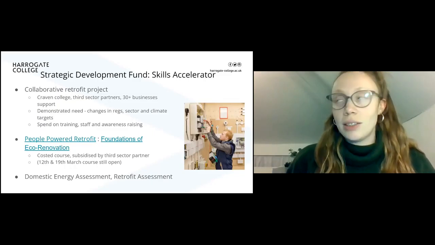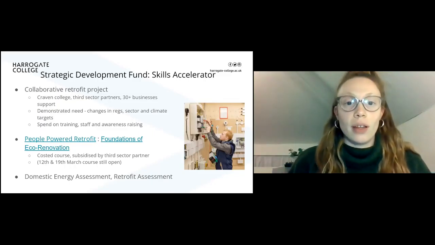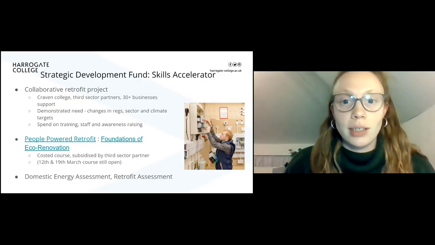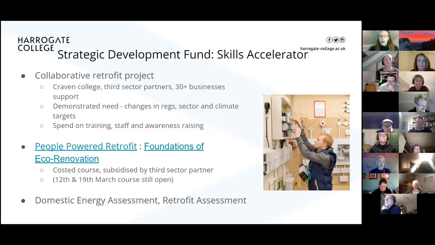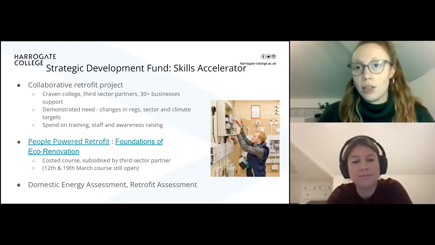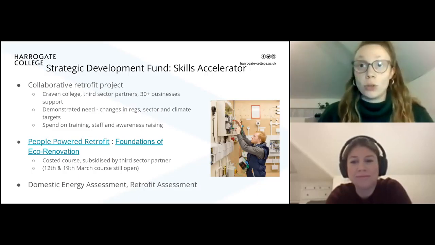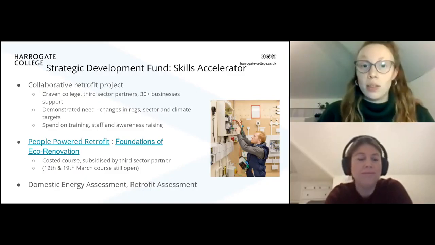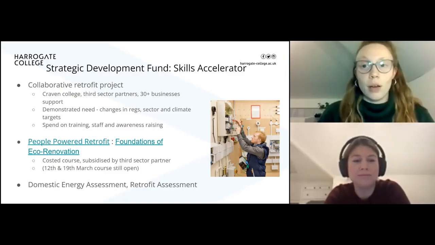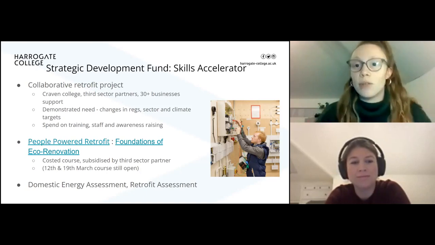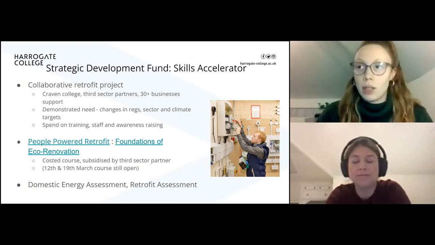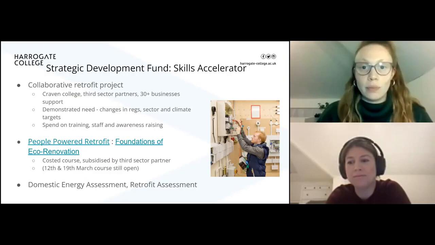So I started, as I said, looking into retrofit and the need for it across the district, not only because of obviously everything everybody on this call knows about in change of regulation, the sector and climate targets, but for me, I'm so passionate that we have to be providing relevant education to people, be that adults who want to upskill or people that are training now. So I applied to the Department for Education for a Skills Accelerator fund, specifically in retrofit, specifically in Harrogate in Yorkshire.